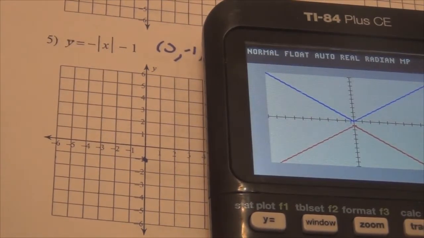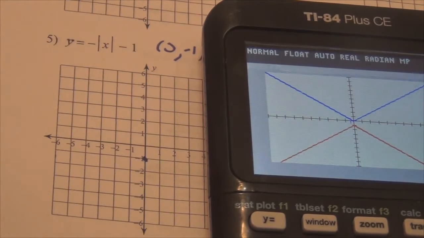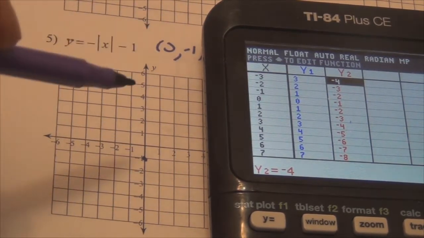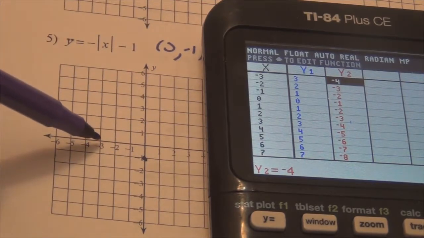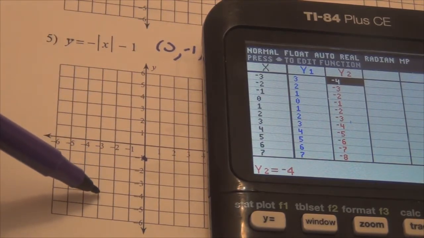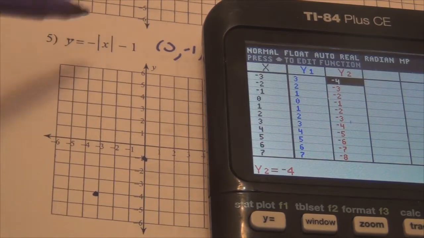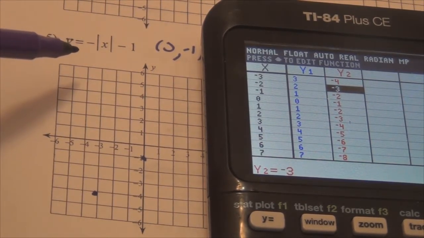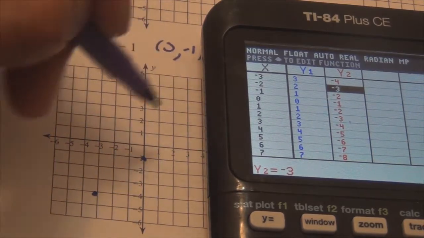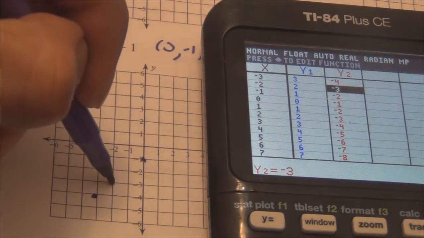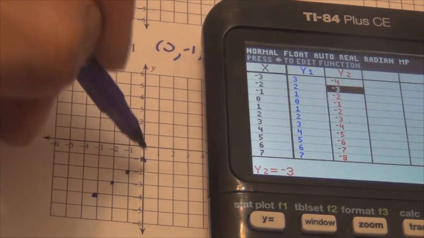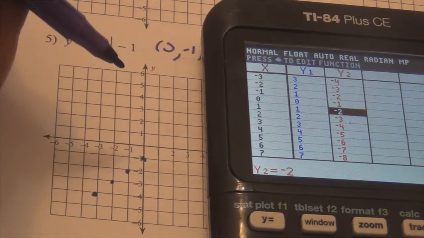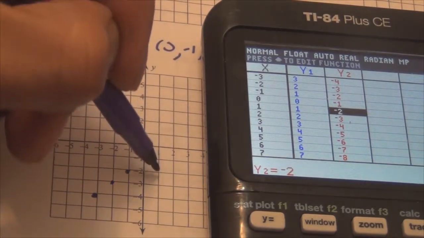I understand it. So let's graph a little more about it. Let's go to the table and let's see -3, -4. So -3, then -4. Then -2, -3. Okay, I know what this is doing, and I know that this is the vertex: 0, -1, and then 1, -2.